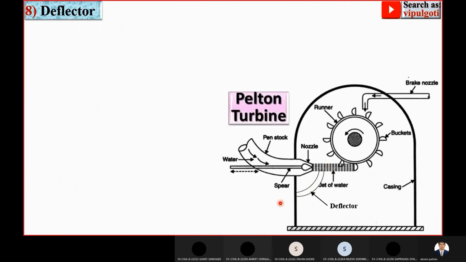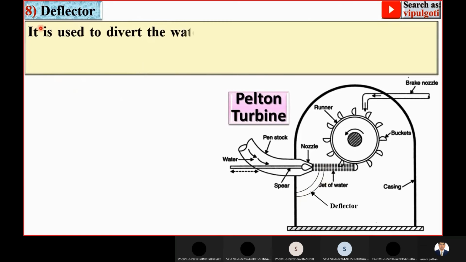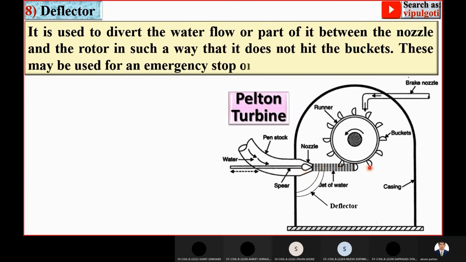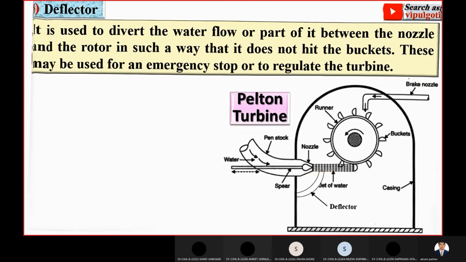So look at the deflector shape. It is used to divert the water flow, or part of it, between the nozzle and the rotor in such a way that it does not hit the bucket. Okay, this may be used for an emergency stop or to regulate the turbine. So that is the beauty of the deflector, or the uses of the deflector.